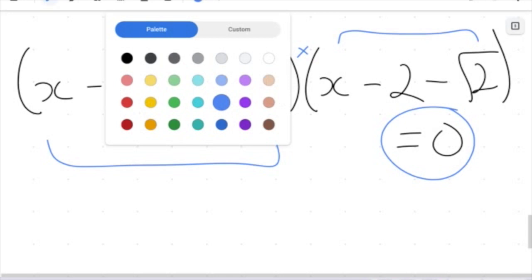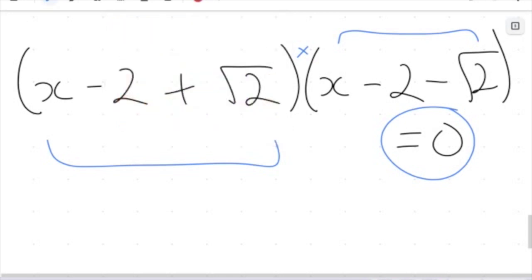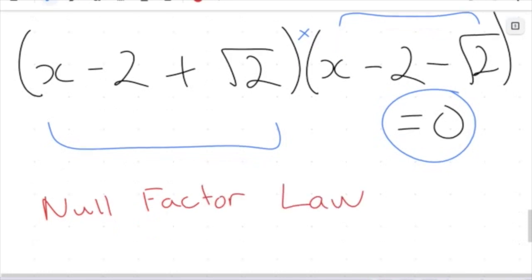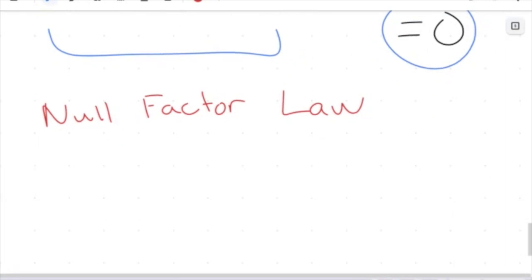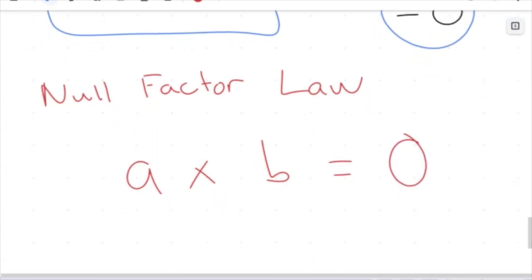Now here we want to use an idea we defined last year as the null factor law. And just to refresh everyone's memory, that just means that if I have two things multiplying, let's say an expression A and expression B to equal 0, one of these, A or B, must be 0.